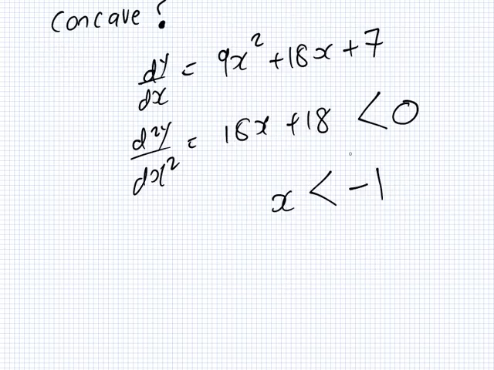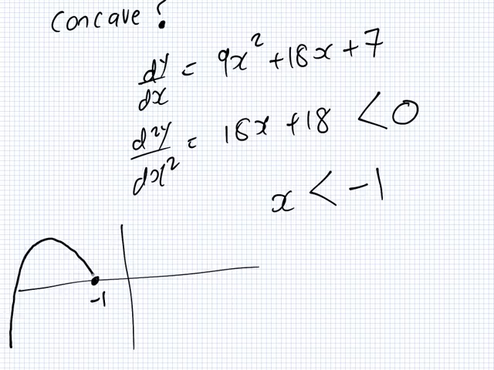So what I'm saying here is, on the graph, when x is less than minus 1, it's going to be a concave shape. But then, if x is bigger than minus 1, it becomes a convex shape.